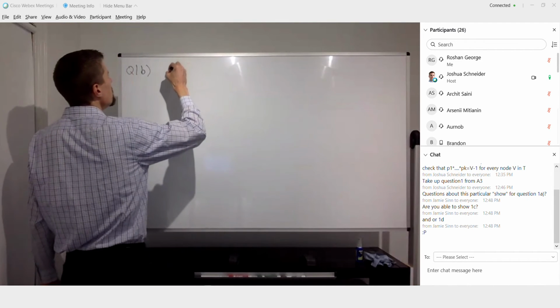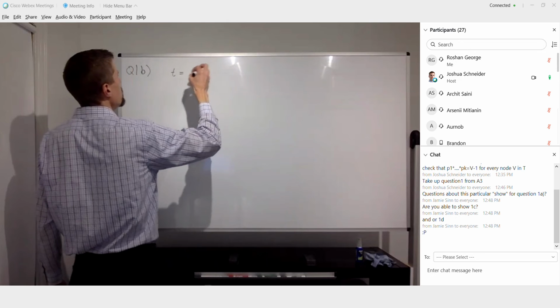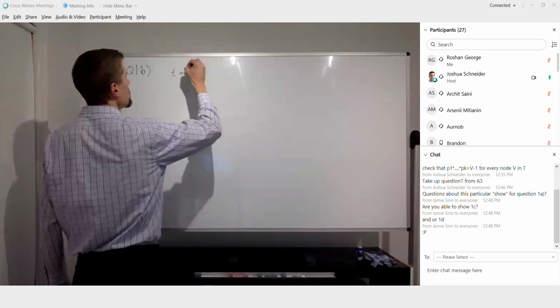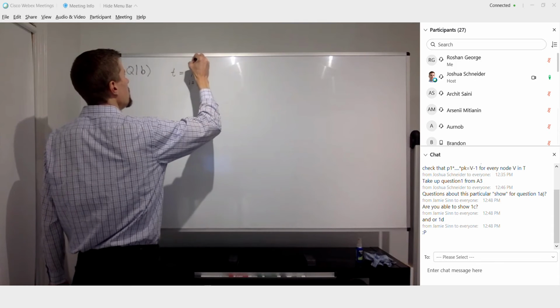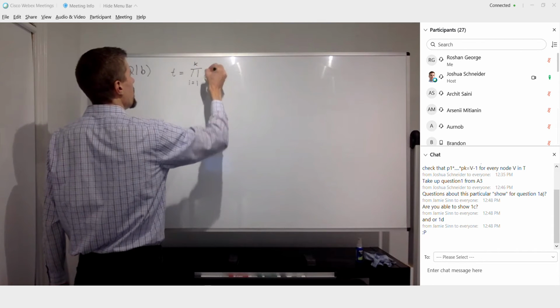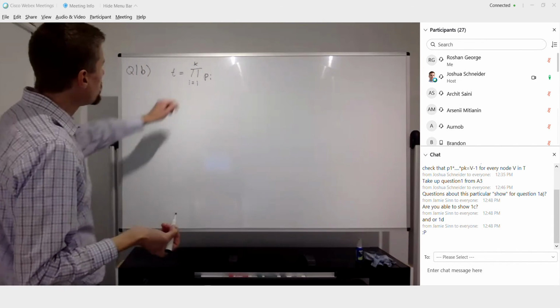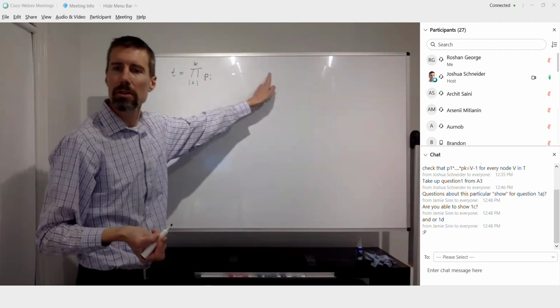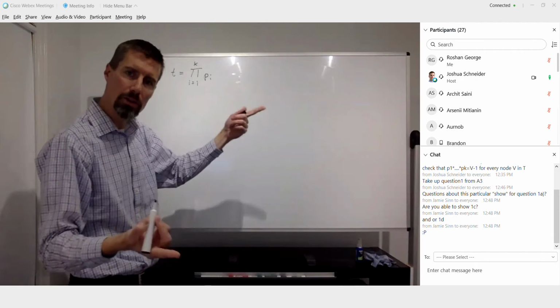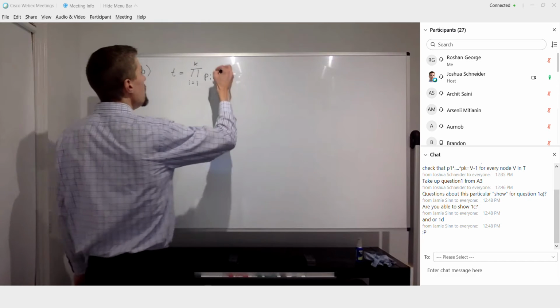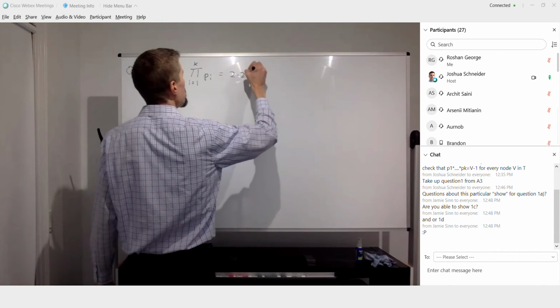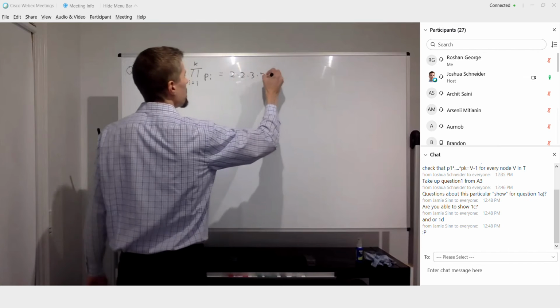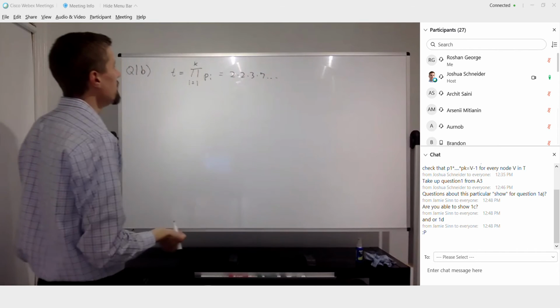So we know that t is equal to the running product from i equals 1 to k of p sub i. And to give you an example of it, if you want to use specific numbers in here, you can. You don't have to. Let's say that that's equal to 2 times 2 times 3 times 7 or something like that, and a whole bunch of other junk.